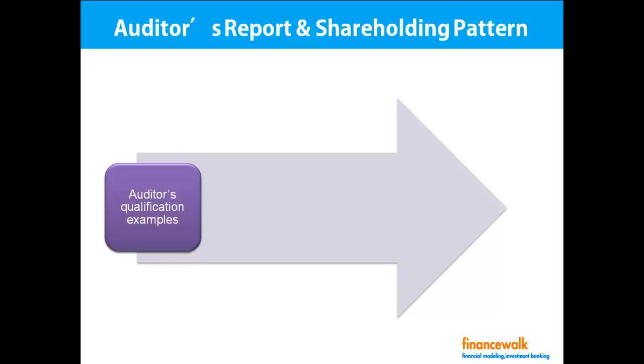So auditor's qualification includes the term subject to, and it's very important. Issues like, so let's see qualification examples. Issues like under provision of depreciation, non-provision of doubtful debt. So if company has not made appropriate provision for depreciation or non-provision of doubtful debt, you will find it in auditor's report.